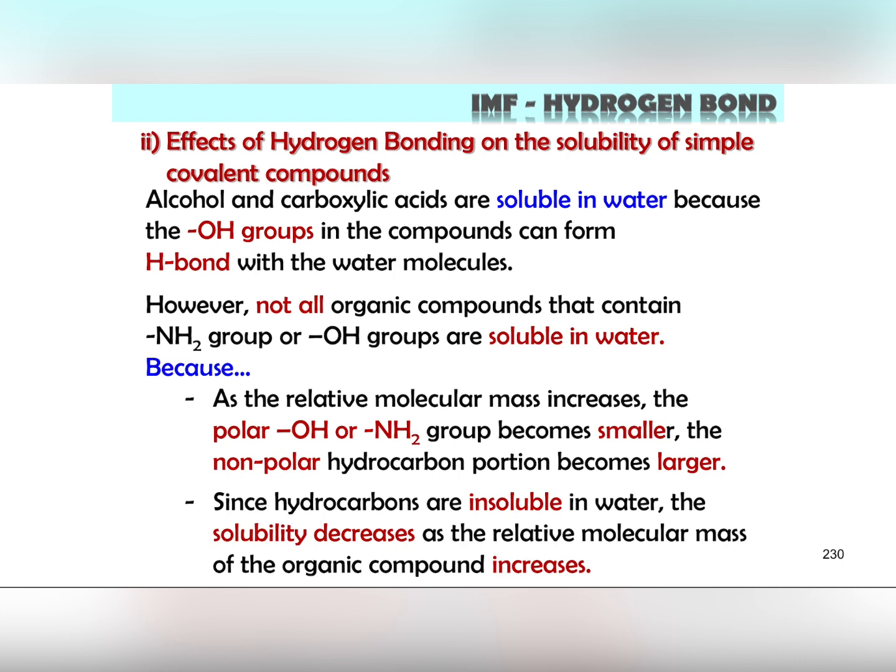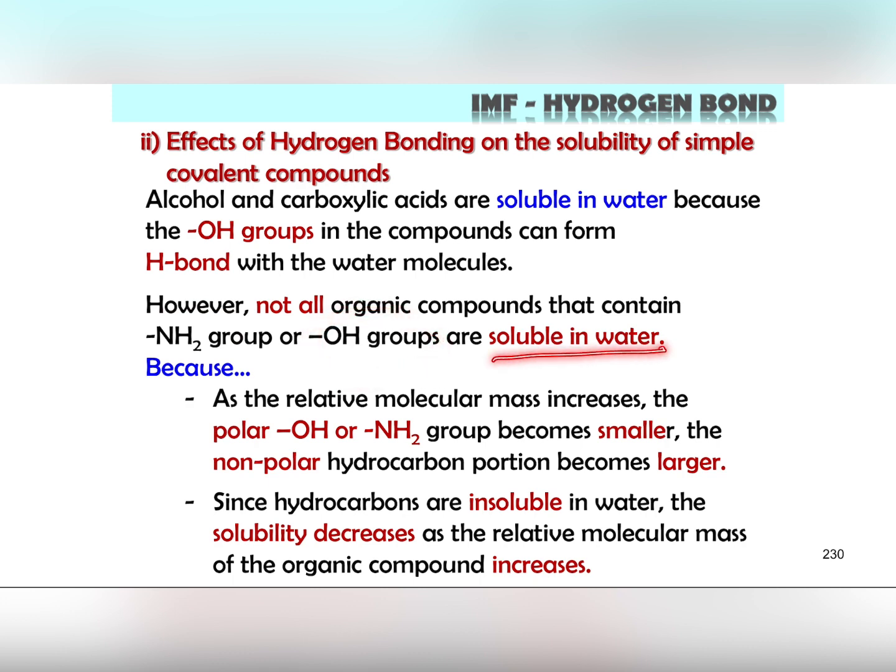Alcohol and also carboxylic acid, they are soluble in water because of the OH group. Dekat OH group tu dia boleh buat hydrogen bond with water molecule, so we can say that it is soluble in water.